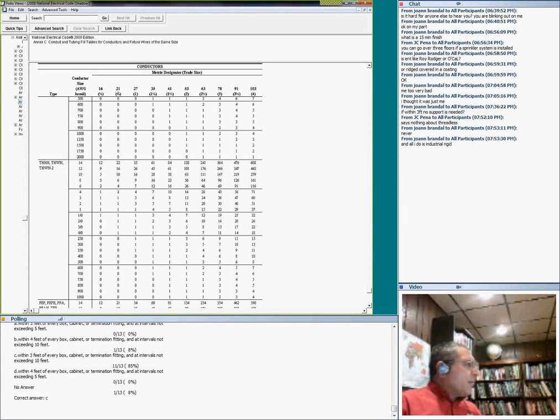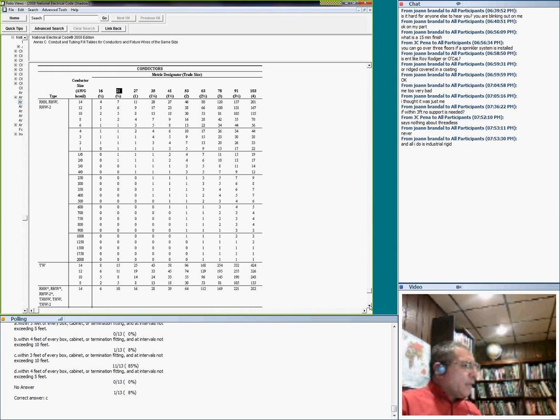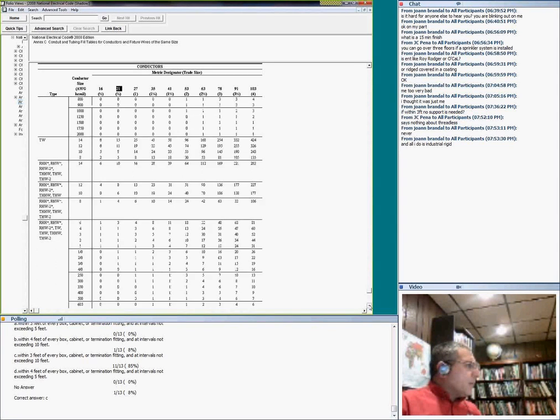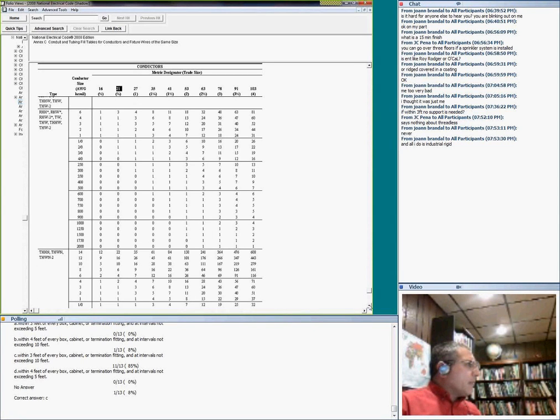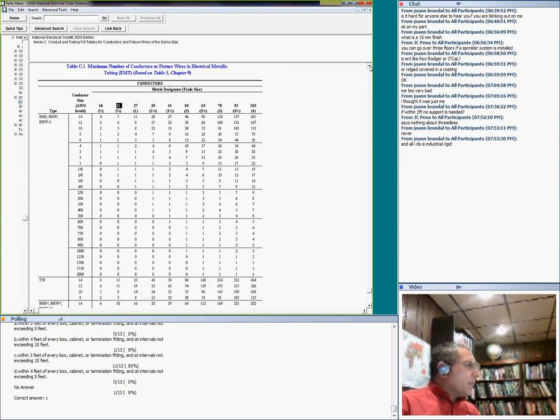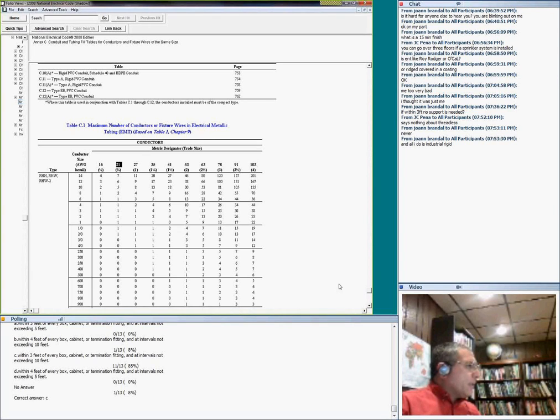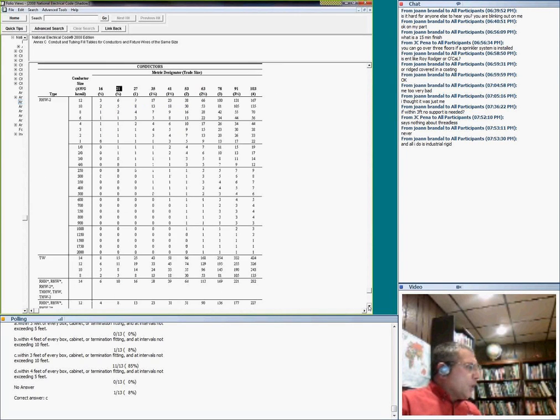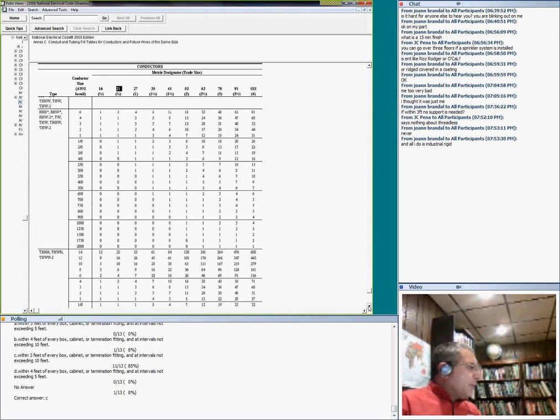Okay, here's the 3/4 inch. Let's go all the way; we're still in electrical metallic tubing. Yep. Go and find how many conductors.